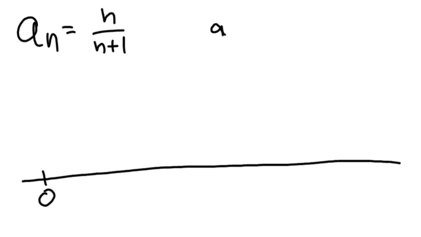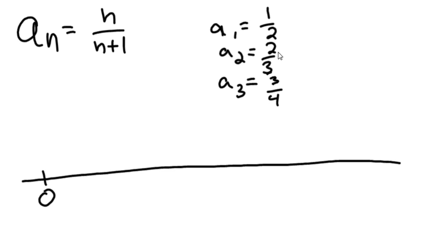A sub 1 is equal to 1 over 1 plus 1, which is 1/2. Okay, a sub 2, I'm just going to make a couple of these to see what the range is going to look like so I can know how to number my number line. A sub 2 will be 2 over 2 plus 1 is 3, so 2/3. A sub 3 is equal to 3 over 4.